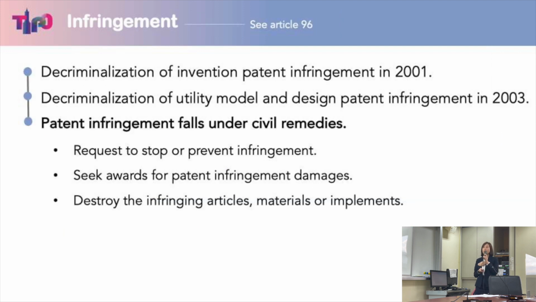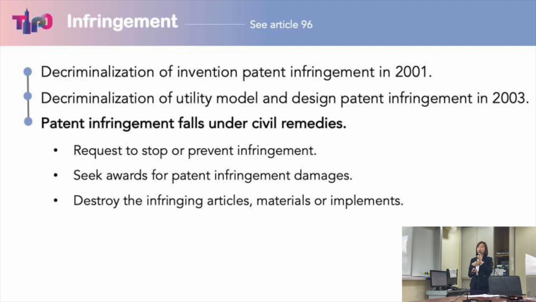Here is a bit of history about patent infringement in Taiwan. In 2001, criminal punishment was removed in invention patent infringement. And then in 2003, criminal punishment was removed in both utility model and design patent infringement.